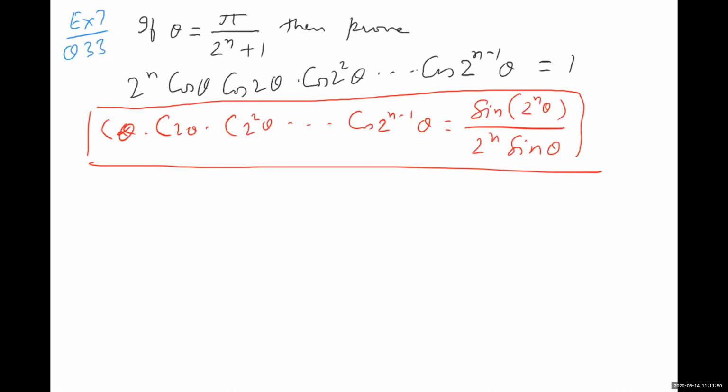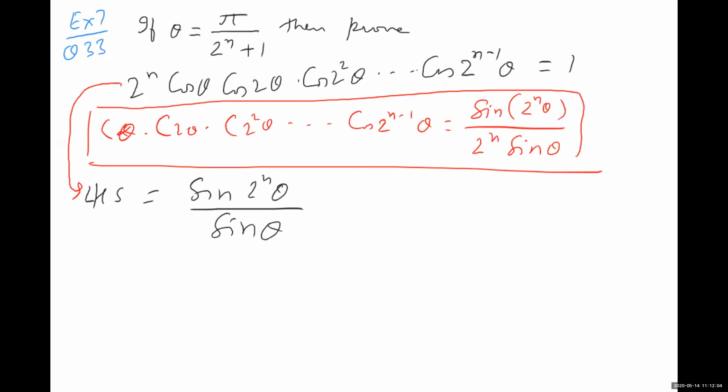So now this left hand side, just directly I am writing, will be equal to sine 2 raised to power n theta upon sine theta. Now in this you have to put the value of theta. What is the theta?